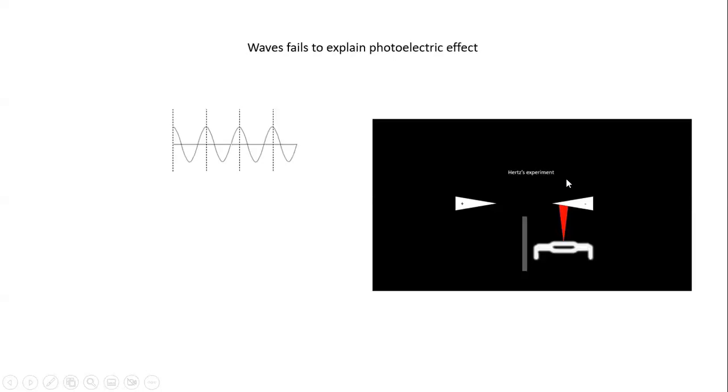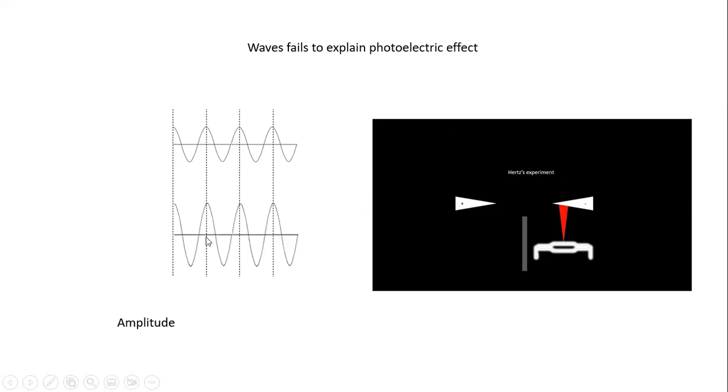To explain the photoelectric effect, we cannot use the concept of light as a wave. When we did the experiment and shone red light, no sparks were observed. From the wave theory, if we increase the energy of the red light, we increase the amplitude.